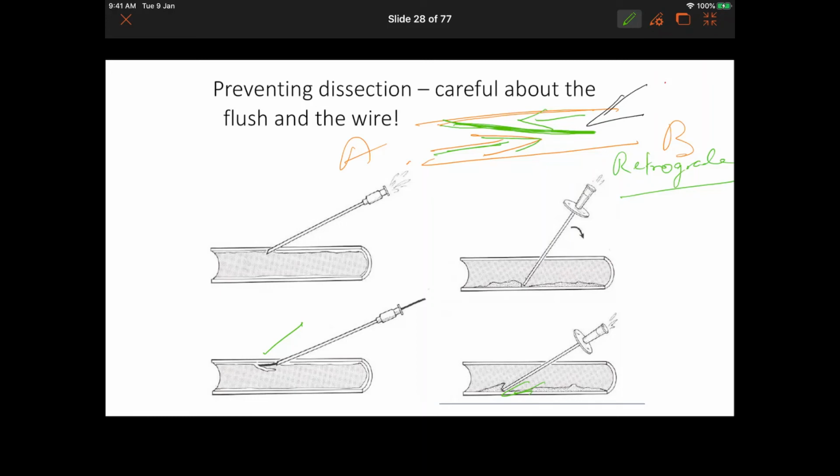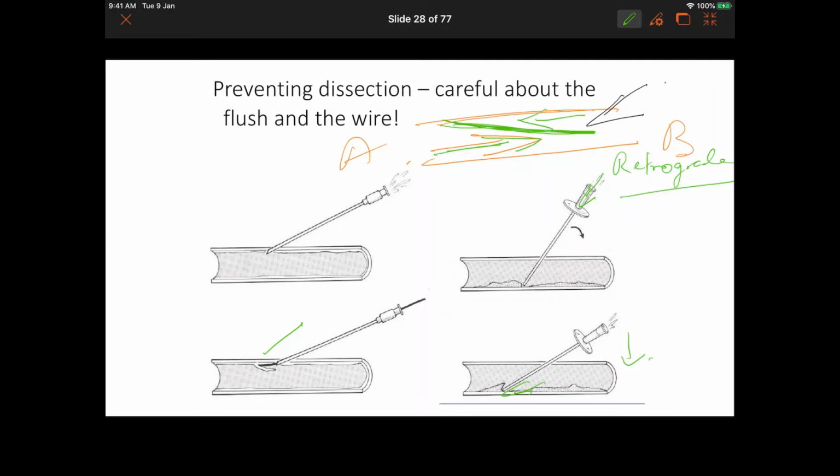And how can you prevent it? You can prevent it by two things. First, make sure that you are in the true lumen when you are pushing the wire in. Try to make the angle of the needle slightly horizontal, or in the direction of the lumen.